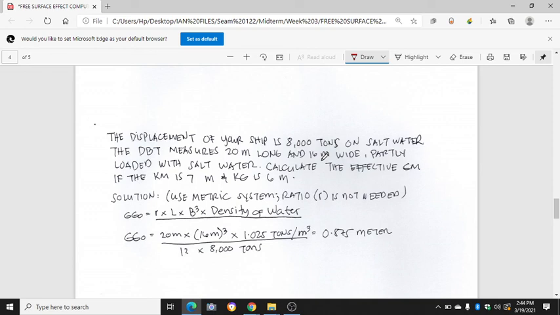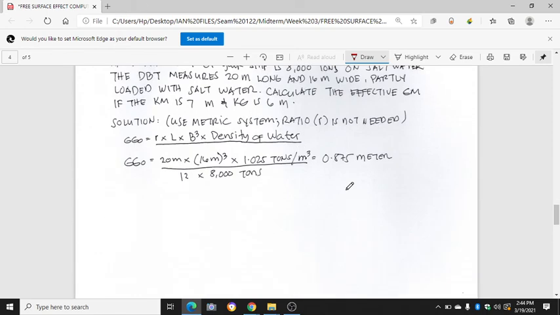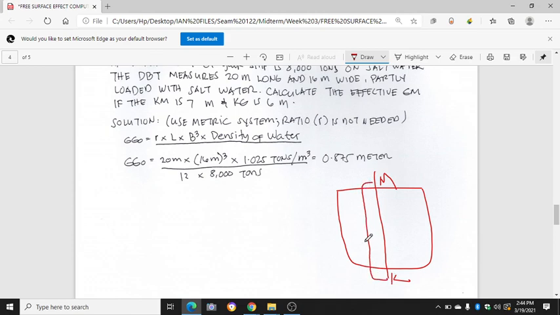Calculate the effective GM if the KM is 7 meters and the KG is 6. So obviously your GM is 1 meter.